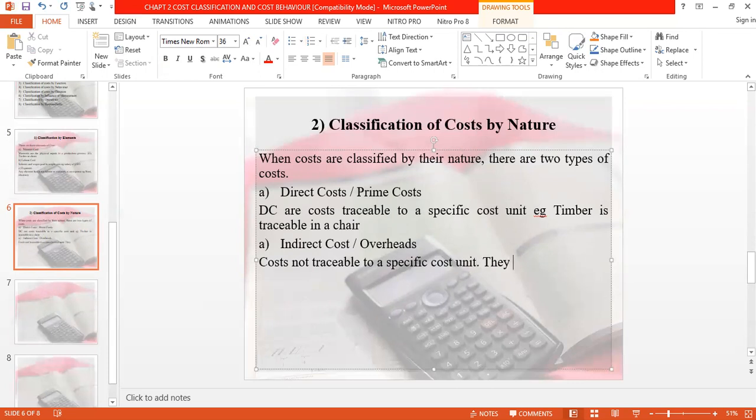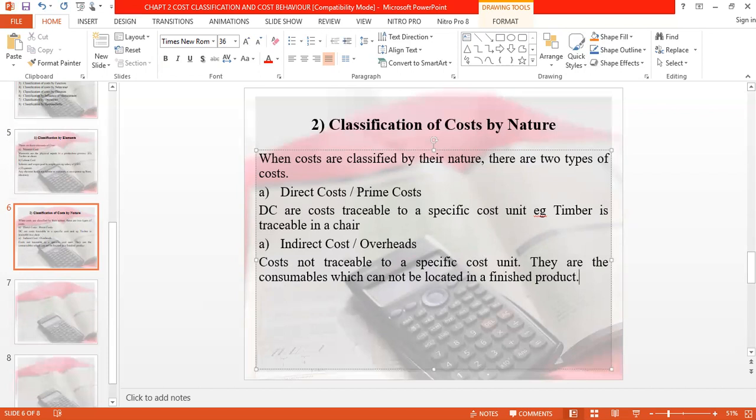They are the consumables which cannot be located in a finished product.